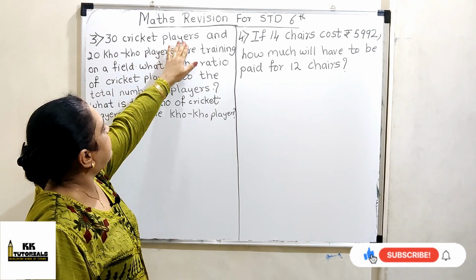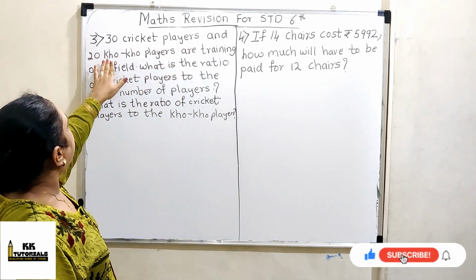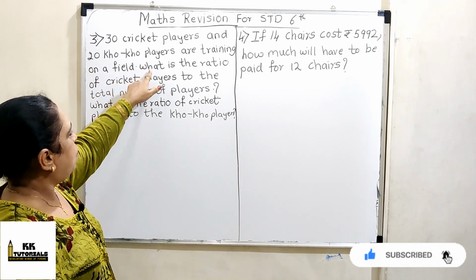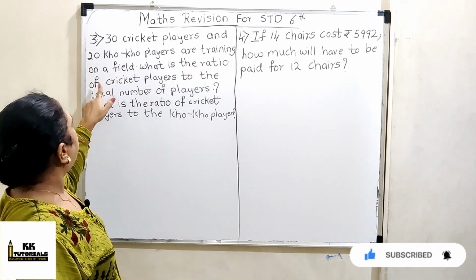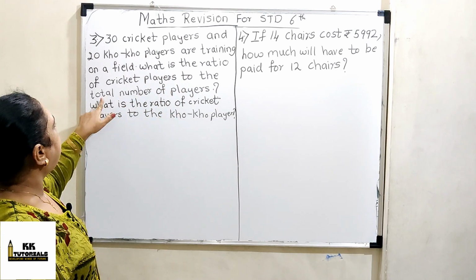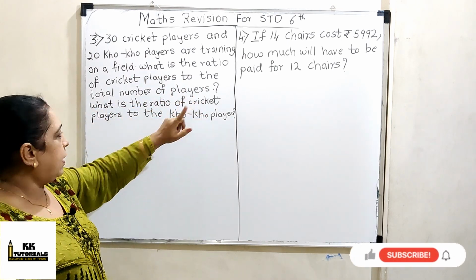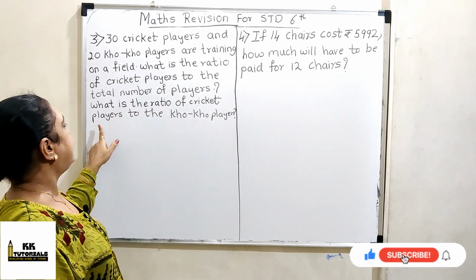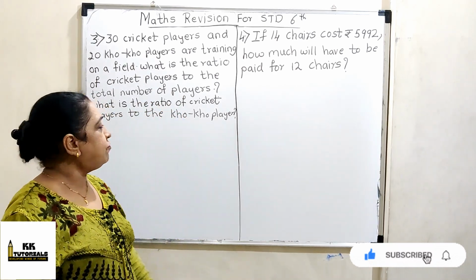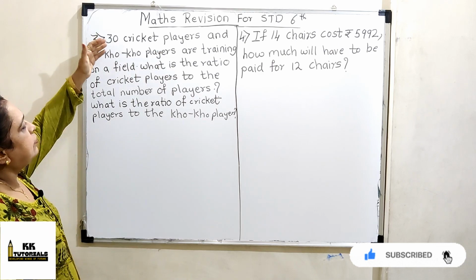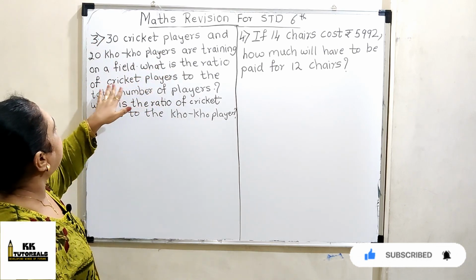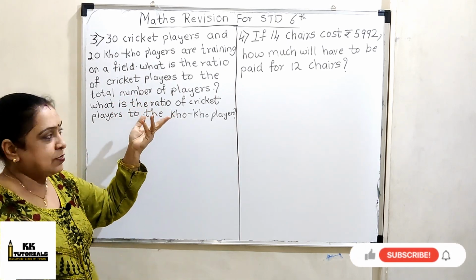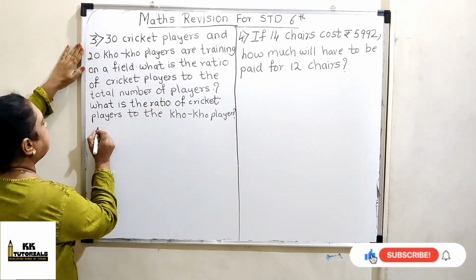30 cricket players and 20 Kho-Kho players are training on a field. What is the ratio of cricket players to the total number of players? Okay. And the second question is, what is the ratio of cricket players to the Kho-Kho players? So first of all, we'll find out the ratio of the cricket players to the total number of players. We don't know the total number of players. Okay. So 30 cricket players.